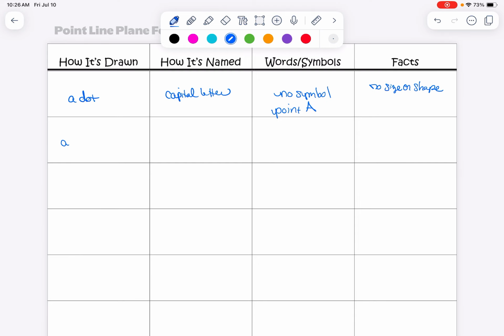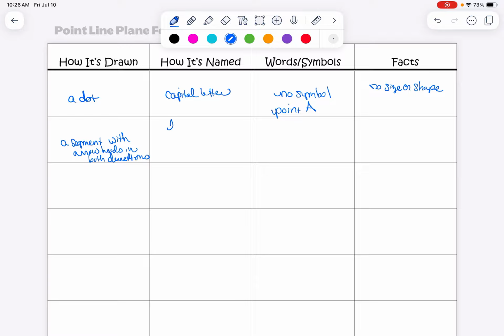It's a segment or line with 2 arrows, with arrows going in both ways. Okay, and how do we name it? Well, there's lots of ways to name it.